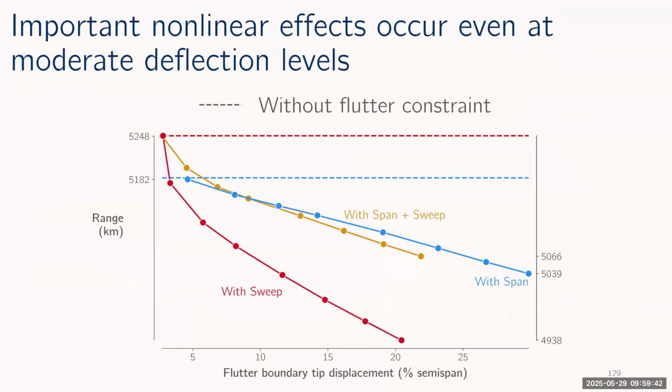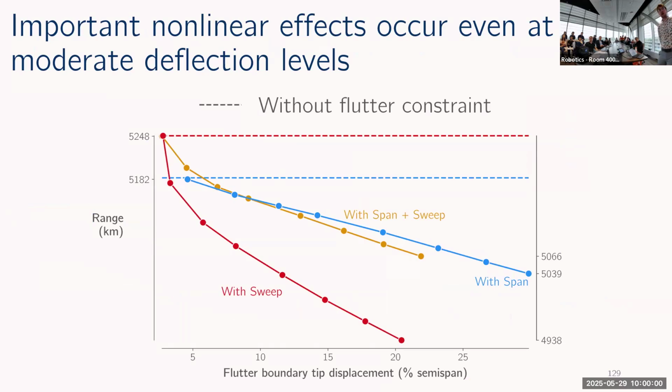So here, some of the points for the span plus sweep case look like they have lower range than just with span. Can you explain that? I think that might be because the points are offset in X. Because here I'm plotting against the wing tip displacement in the flutter condition, but actually what I varied is the angle of attack that the flutter constraint is computed at.